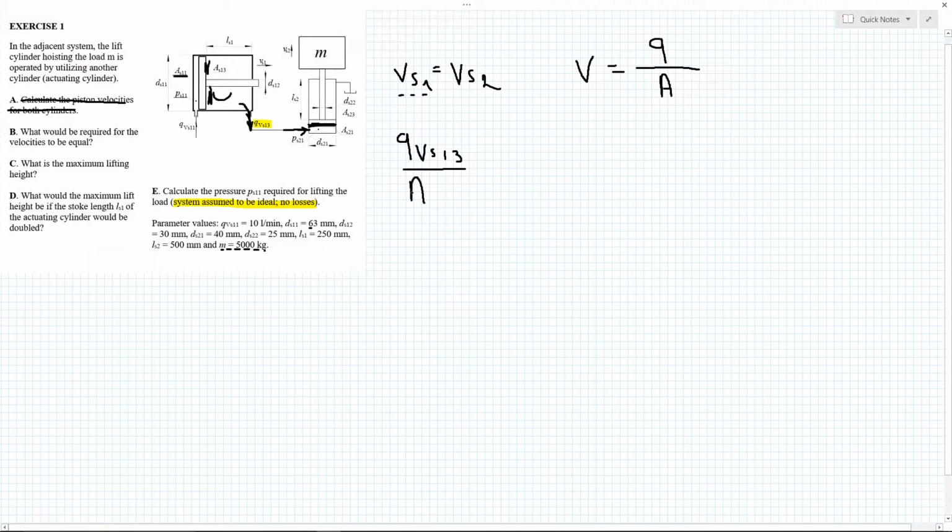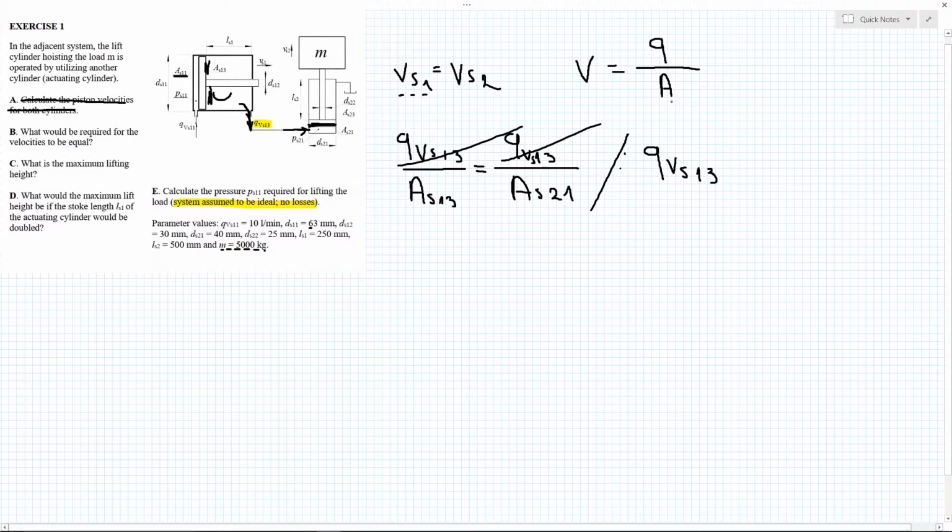AS13, we calculated that in A, and this has to be equal to, again, we have QVS13 entering cylinder 2, but now we have the area of the front of the piston, AS21. Now, if we divide this entire equation by the flow, because we have flow on both sides, we divide it by QVS13.